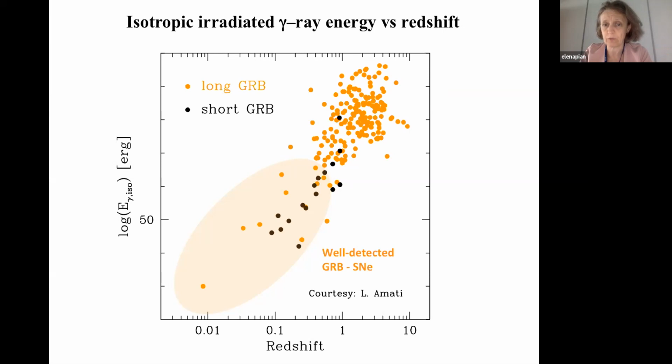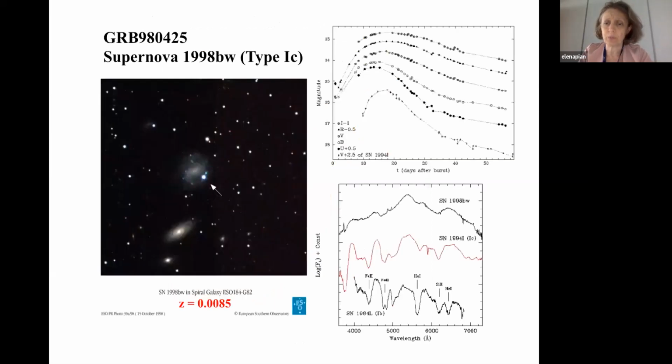So all of the examples I will show are at redshifts definitely less than 1. So the prototype of gamma ray burst supernova is this object, supernova 98bw, discovered on 25 April 1998.